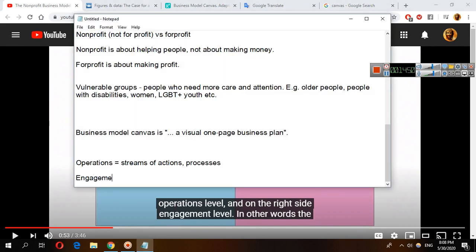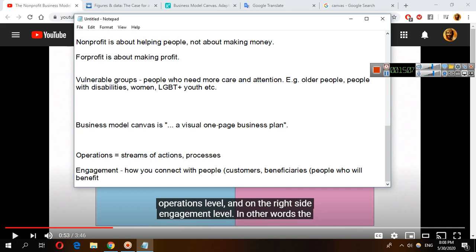So engagement is how you connect with people, your customers, maybe your beneficiaries, people who will benefit from your business or enterprise.